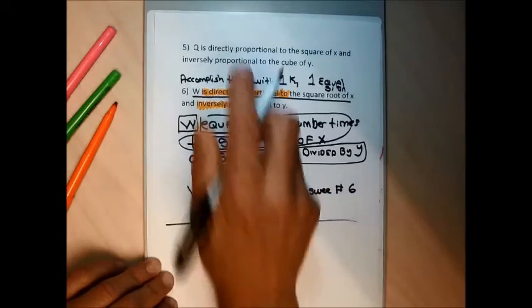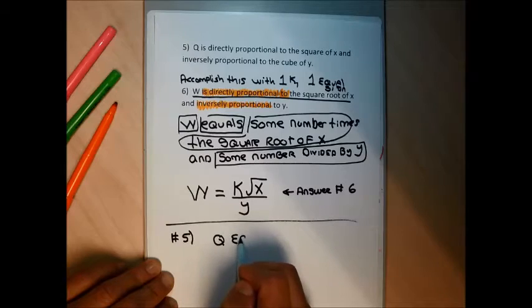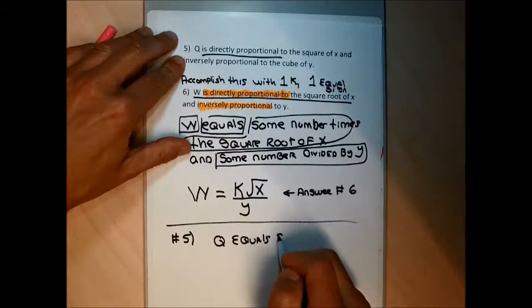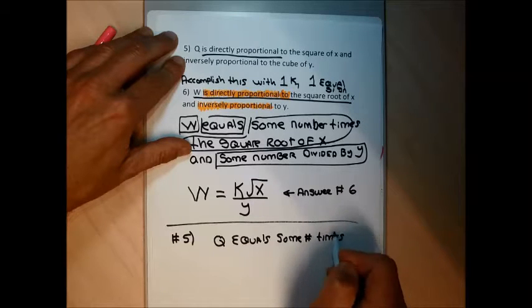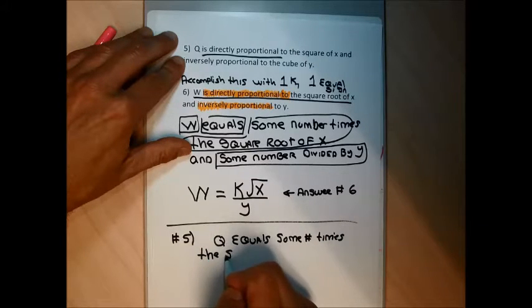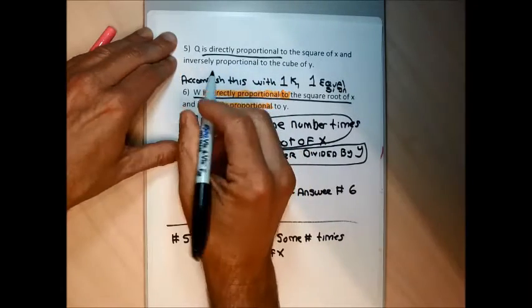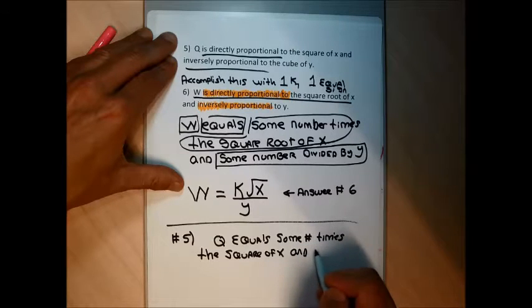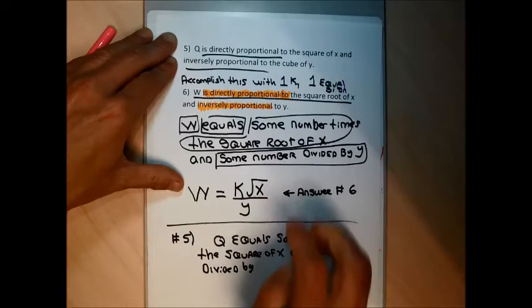For your problem 5, I would think of it as q equals, so I'm just rewriting it without this word, some number times the square of x, and then for inversely proportional, divided by, some number divided by the cube of y.